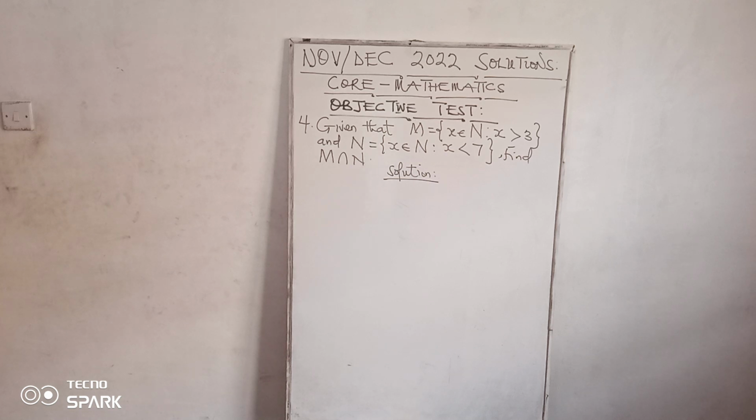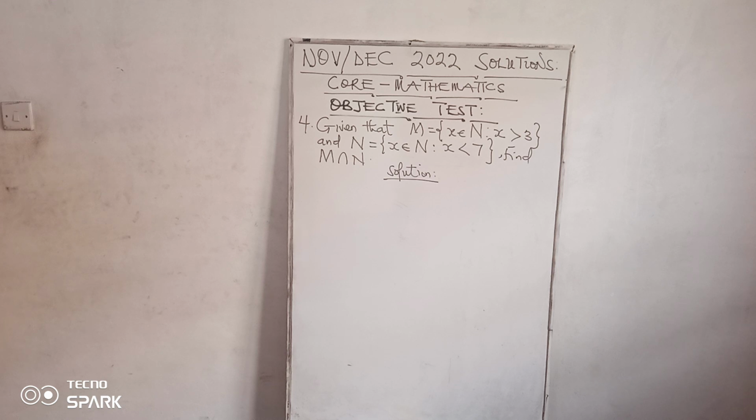All right, let's see this question. Question 4. Given that set M is x, a member of the natural numbers, such that x must be greater than 3, and set N equals x, a member of the natural numbers, such that x must be less than 7.